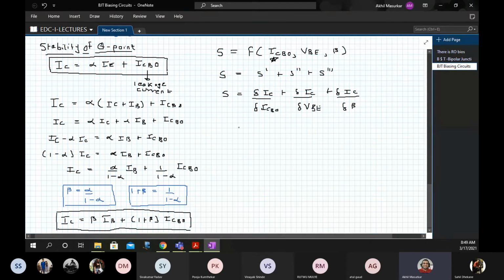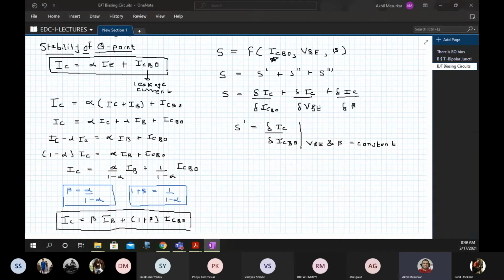So when we write S dash, it will be delta IC upon delta ICBO when VBE and beta are equal to constant. This is basically called a partial derivative. It is just like a normal derivative keeping other terms constant.